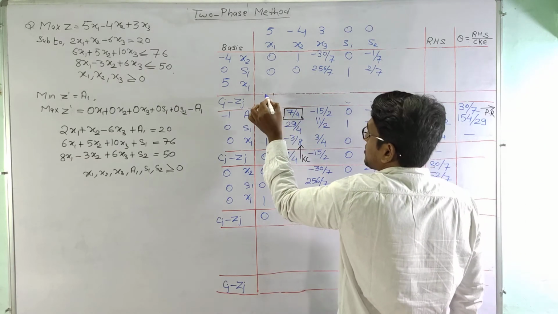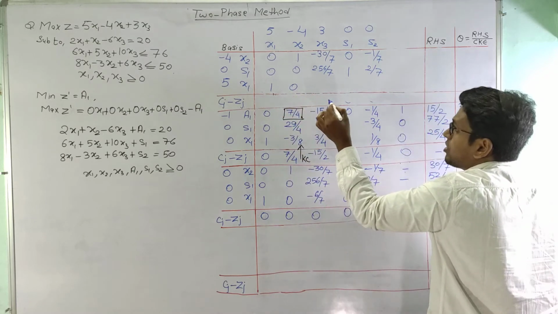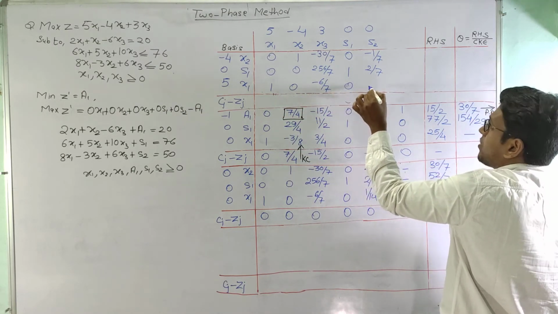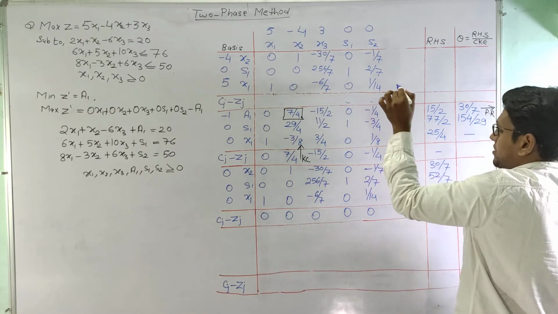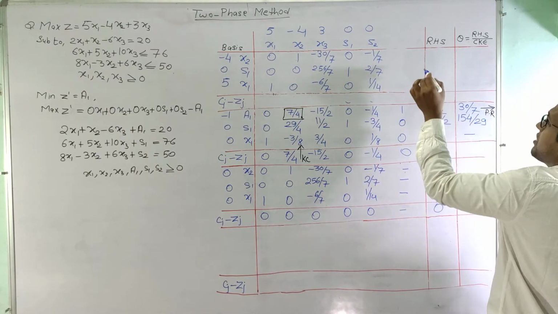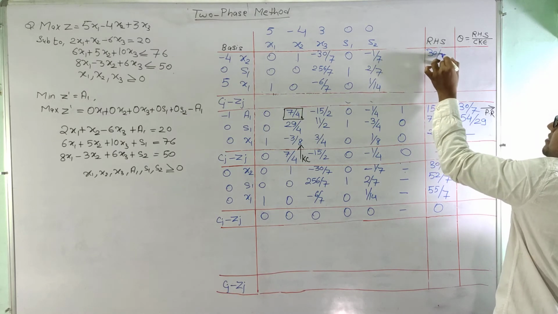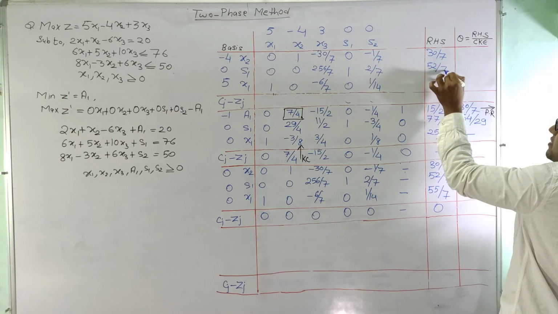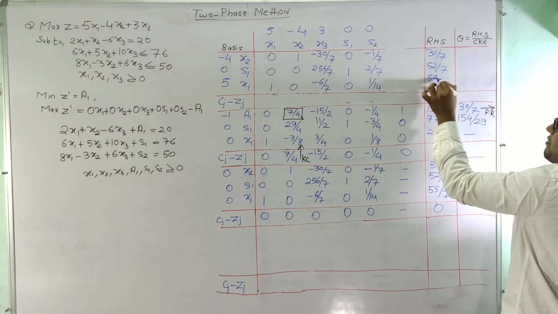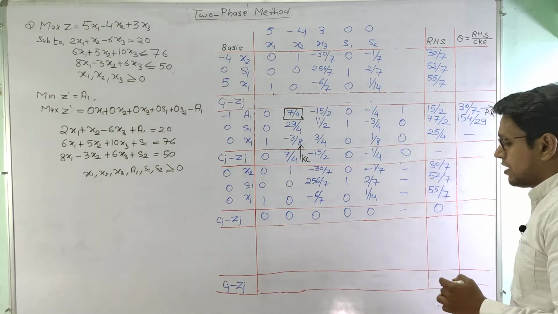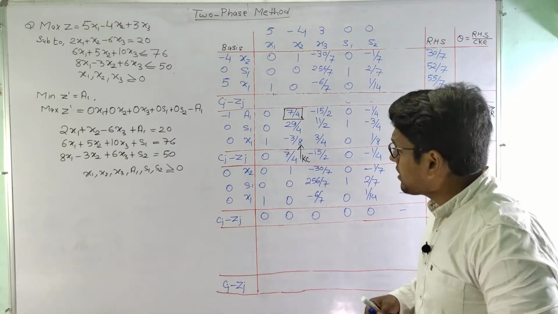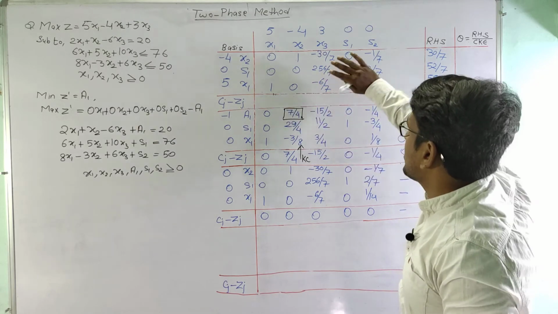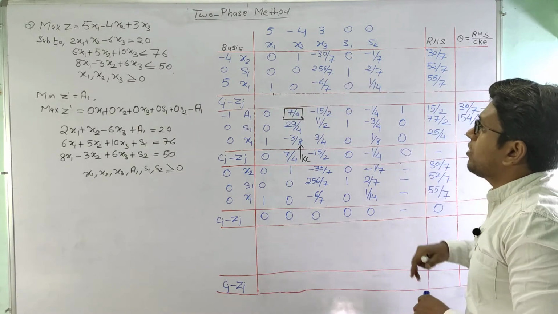For the third it is 1, 0, minus 6 by 7, 0, 1 by 14, and the right hand side values are coming as 30 by 7, 52 by 7 and 55 by 7. Now we need to calculate the values of Cj minus Zj to find whether this particular solution is optimal or not.